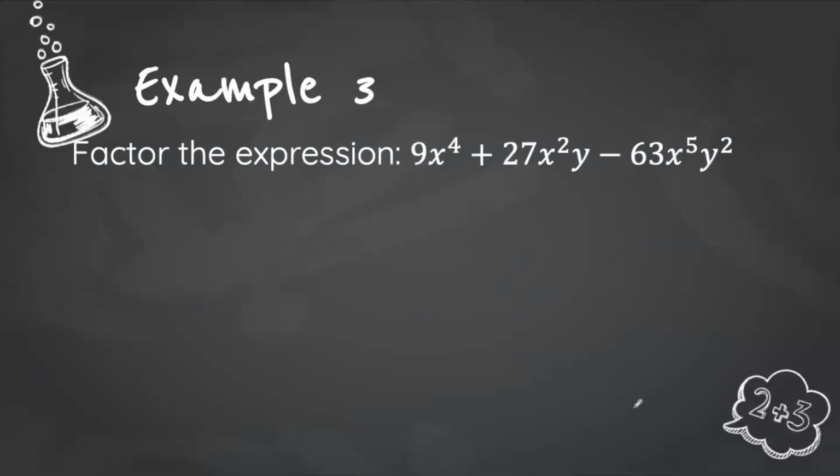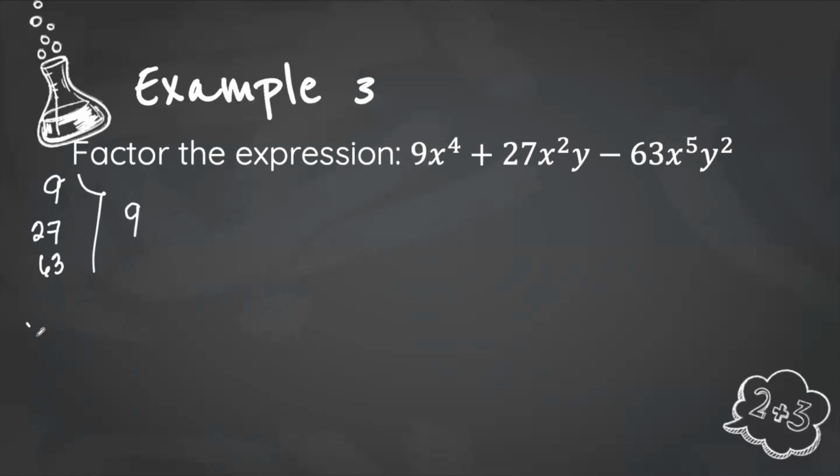Example number 3. Factor the expression 9x to the 4th, 27x to the 2nd power y minus 63x to the 5th power y squared. The coefficients are 9, 27, and 63. The GCF for this will be 9.